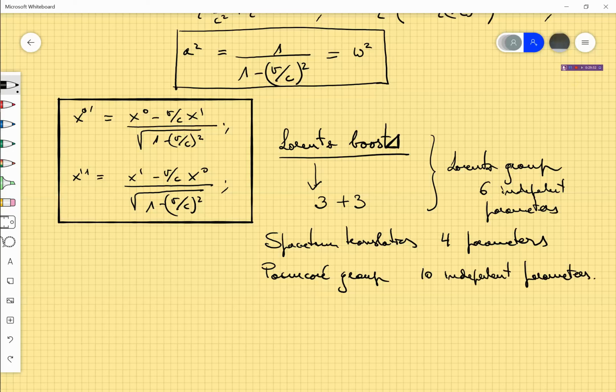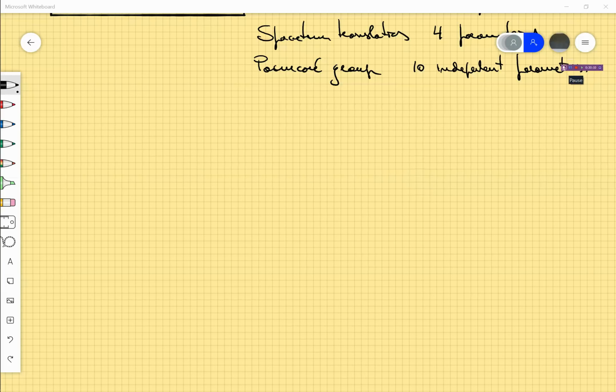Okay, the next thing that we are going to do is to rewrite these Lorentz transformations using a different set of coordinates which are not Cartesian coordinates. These coordinates are called light cone coordinates, because they parameterize the light cone, but we will talk about this later.